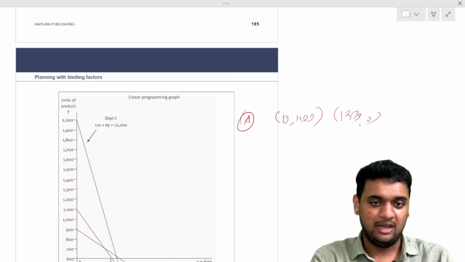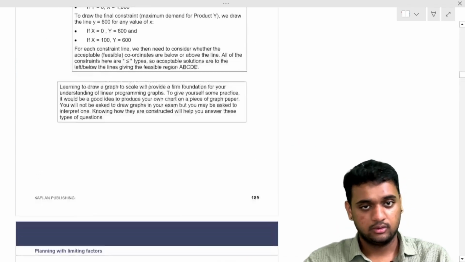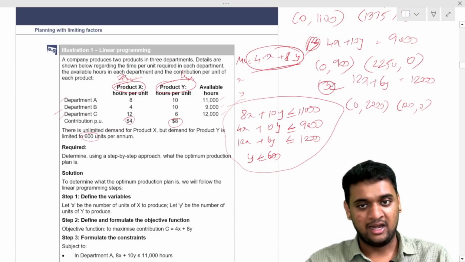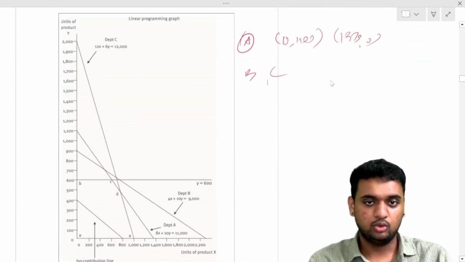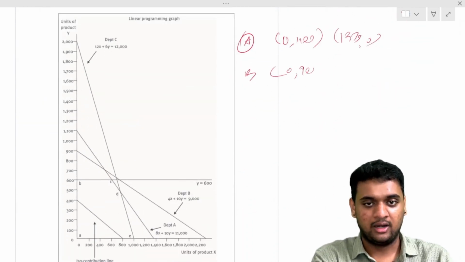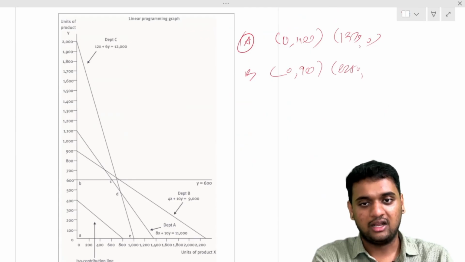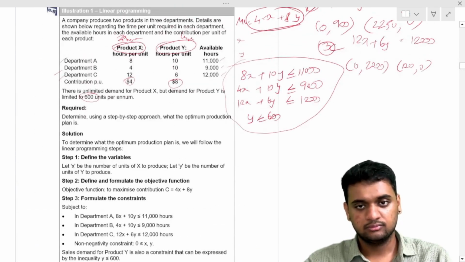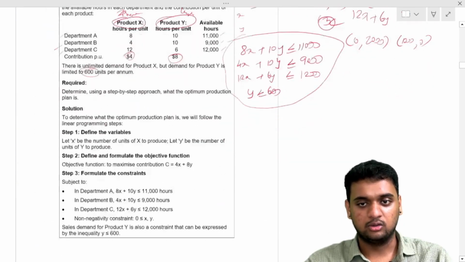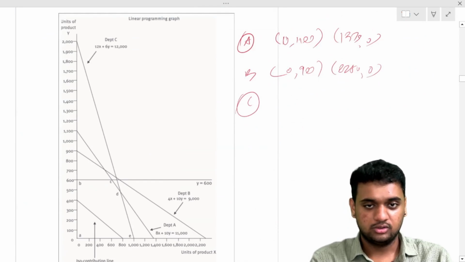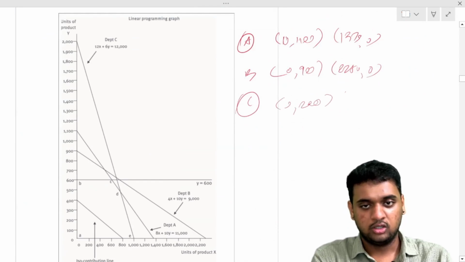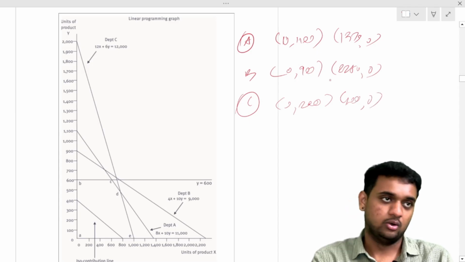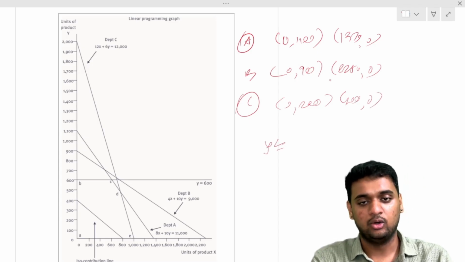Department B, what are the 2 points? 0, 900 and 2250, 0. Department C, what did we get? 0, 2000 and 1000, 0. And y is less than or equal to 600.